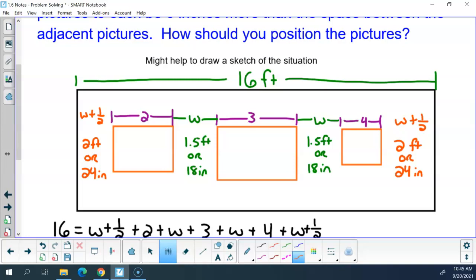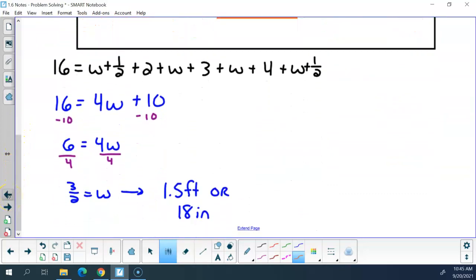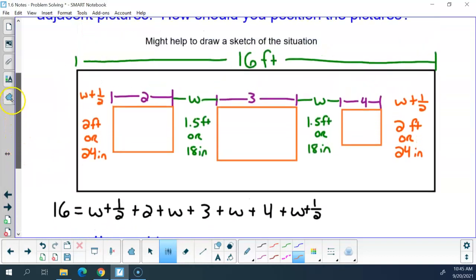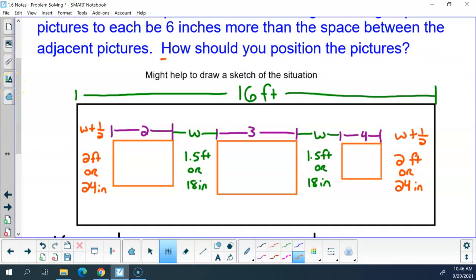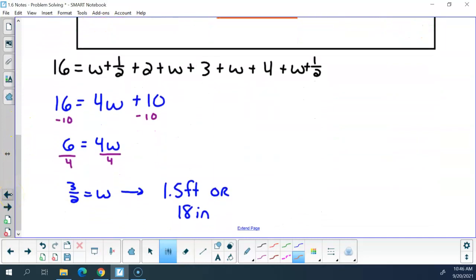Okay. So our answer is a little longer because we have to describe how we should position the pictures. So we have to make some kind of a description.